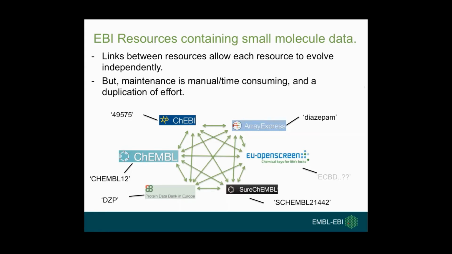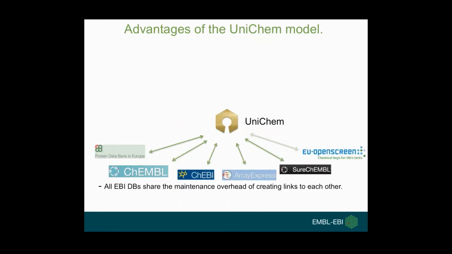But prior to UniChem, the maintenance of these links was very time-consuming and involved a huge duplication of effort, because each of the separate sources had to create the links themselves to all the other resources. So the principle behind UniChem is that we abstract out this process into a single centralized process, where the maintenance overhead of creating these links is shared by everybody.